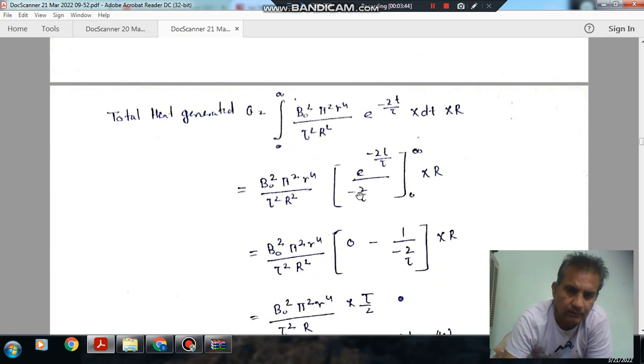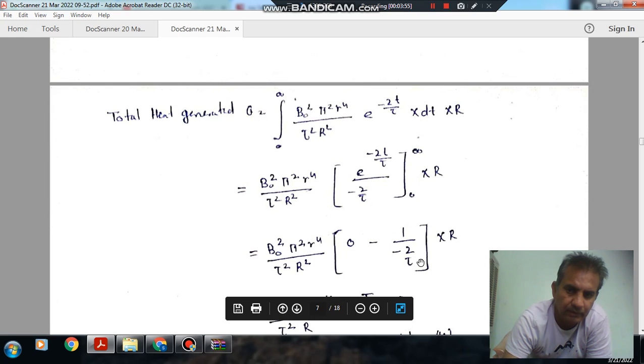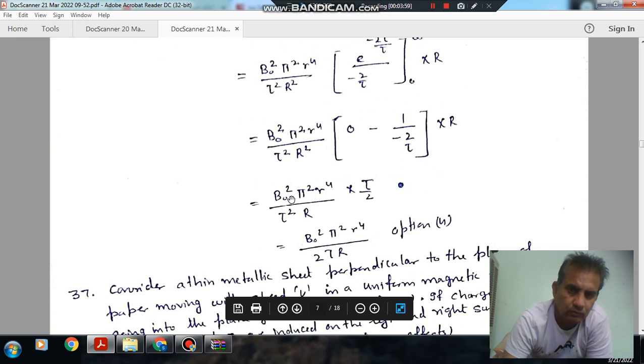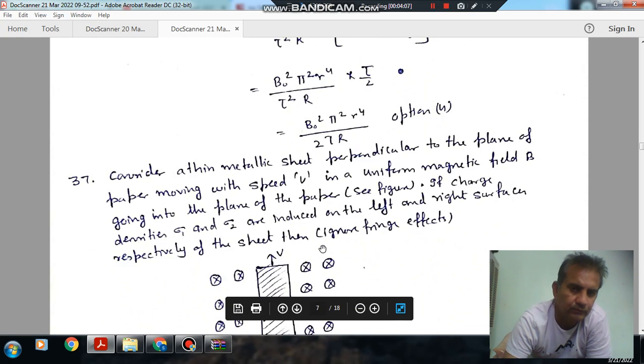If you put t equal to infinity, it will be 0, and if you put t equal to 0, it will be 1, and it will be 1 by minus 2 by tau, or tau by 2. So it will be B naught square pi square r to the power 4 by 2 tau R. So the answer is option 4.